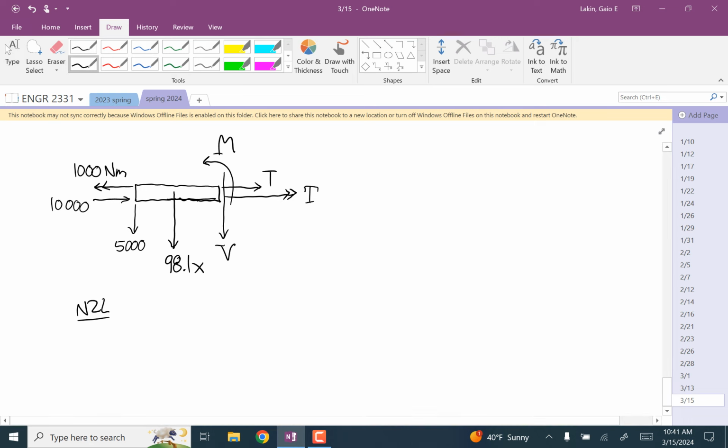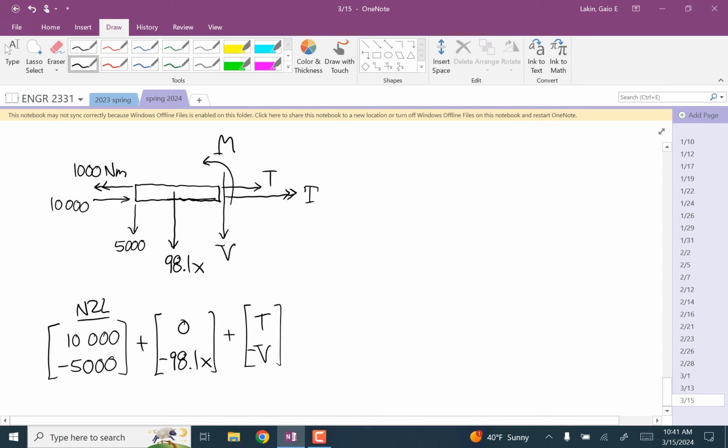So we have 10,000 in positive x, 5,000 in negative y, plus 0, negative 98.1x, plus t, negative v is zero.